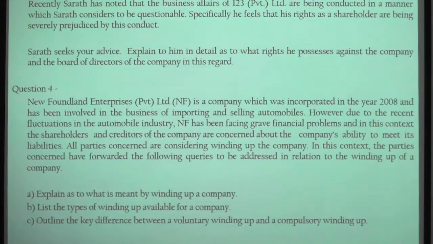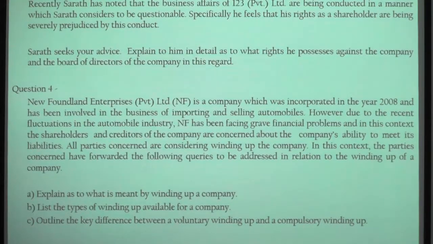So obviously, it will have to go for a voluntary winding up either by shareholders or creditors or jointly. However, if the accounts cannot be brought to zero in this company, then you cannot go for a voluntary winding up by the shareholders. You will have to go for a voluntary winding up by creditors.